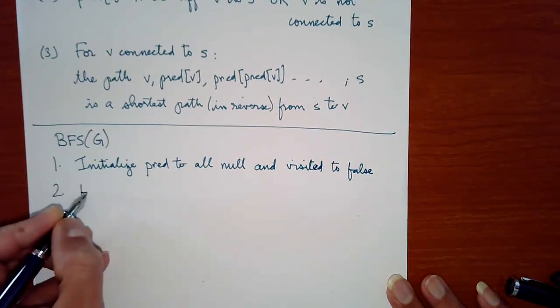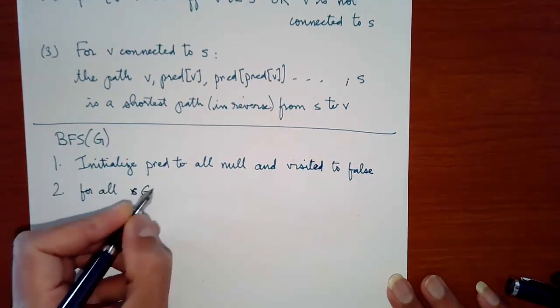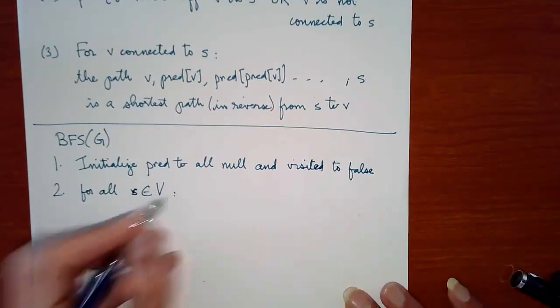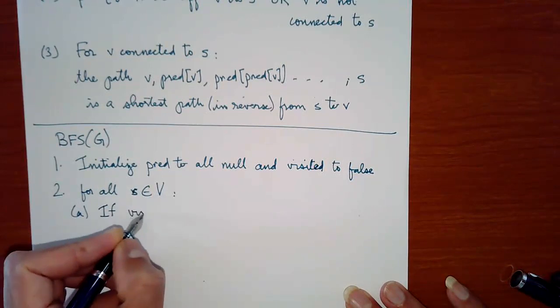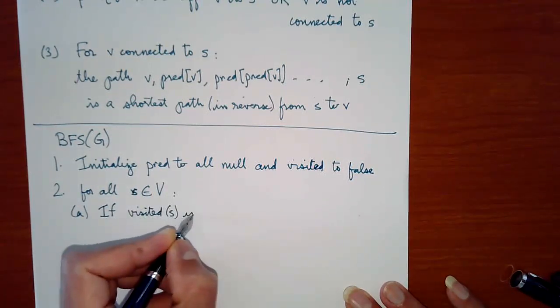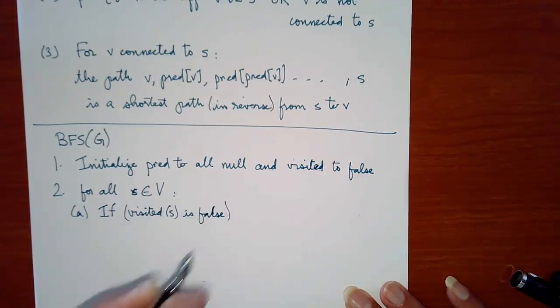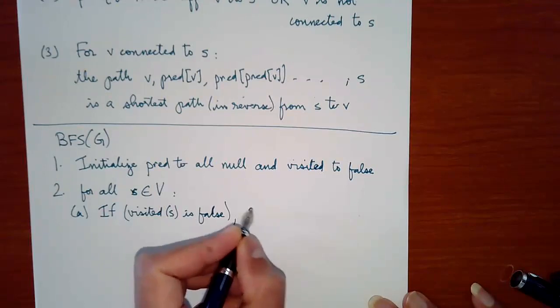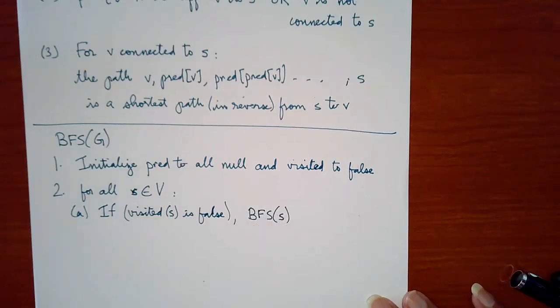And then what you do is simply, for all vertices S in V, if visited of S is false, then you run BFS starting from S.